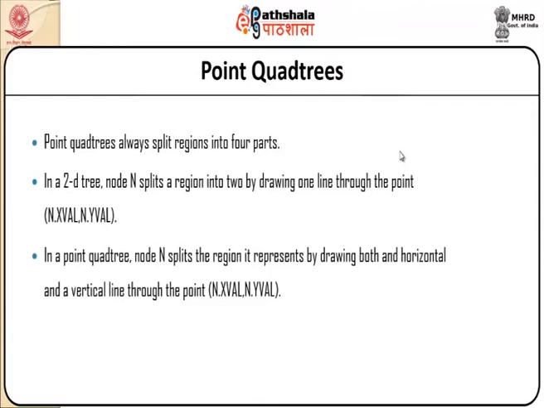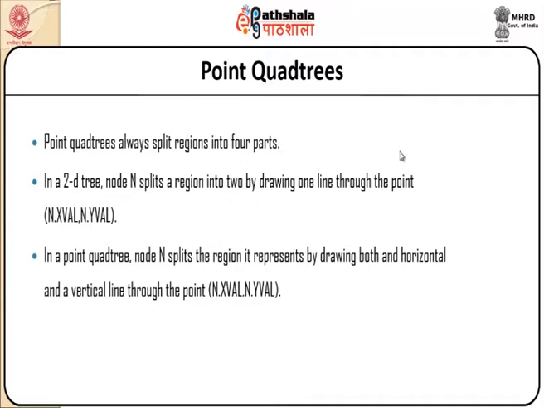So, here comes the explanation about the point quad trees, where point quad trees always split the regions into 4 parts. In a two dimensional tree, node n splits a region into 2 by drawing one line through the point, that is n dot x value and n dot y value, whereas in case of the point quad tree, the node splits the region it represents by drawing both horizontal and vertical lines through the point n dot x value, n dot y value.